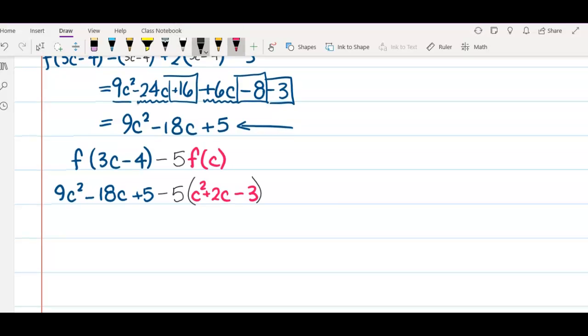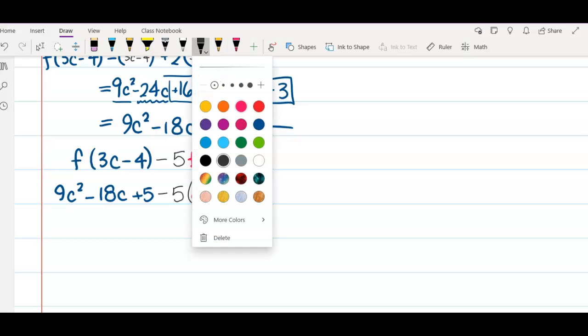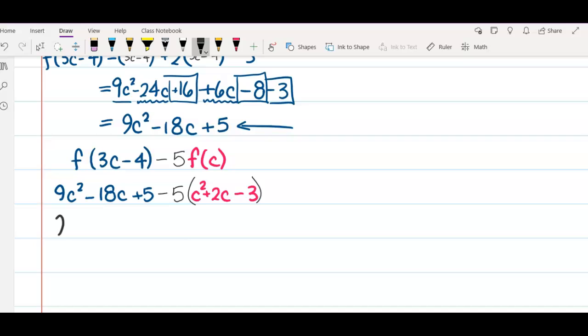Distributing, we have 9c squared minus 18c plus 5 minus 5c squared minus 10c plus 15.